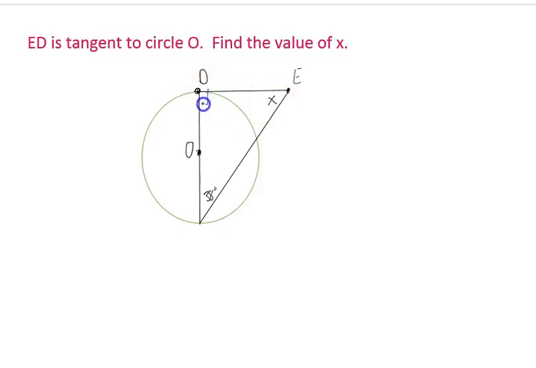So there's a right angle here, and then I have a triangle, so it has to add up to 180. So I can make an equation, 38 plus 90 plus x is going to equal 180. And again, you can easily solve that and figure out that you need x to be 52 degrees.